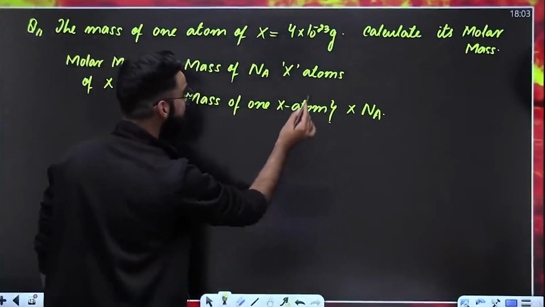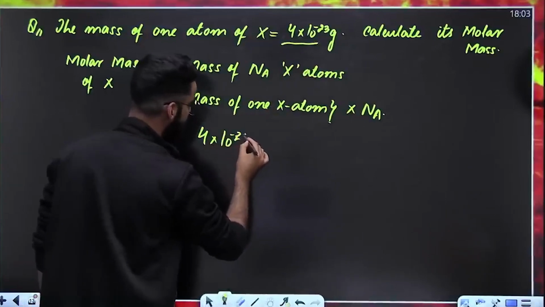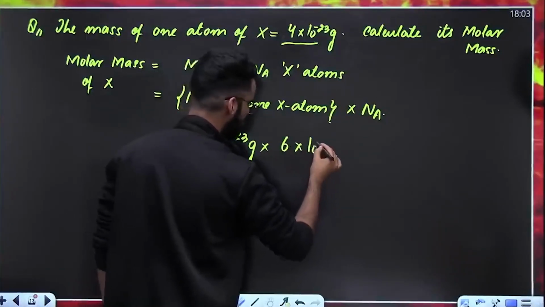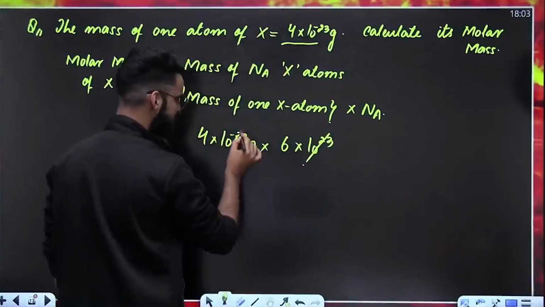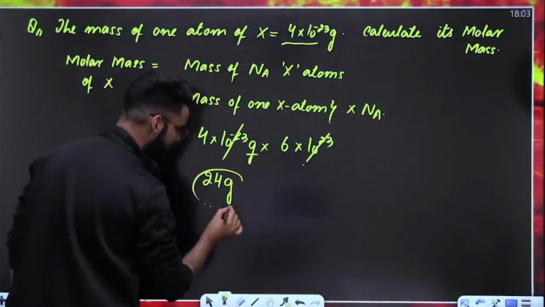Now, the mass of one X atom is given to us. It's 4 into 10 raised power minus 23 grams. Multiplied by what? Avogadro's number. 6.022 into 10 raised power 23. So, this term got cancelled. 6 4s comes out to be 24 and its units are going to be in grams.